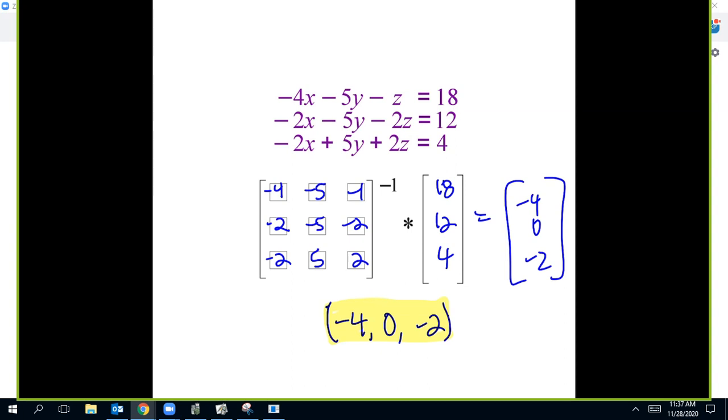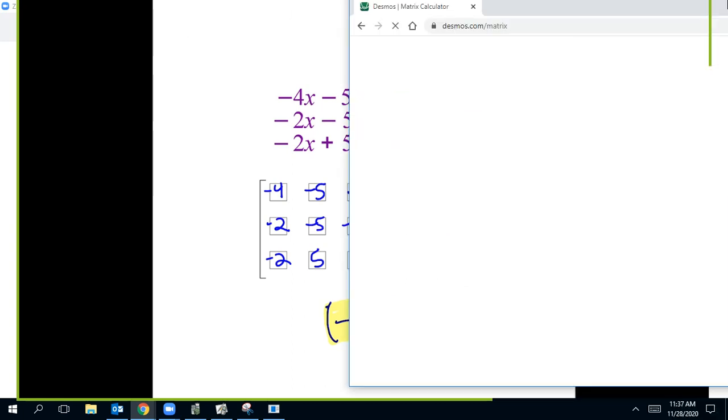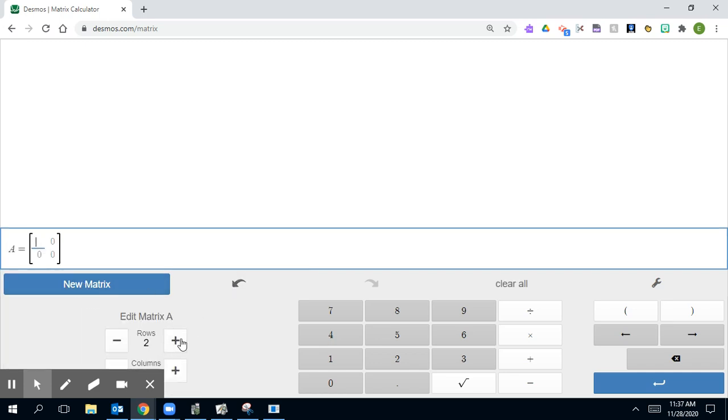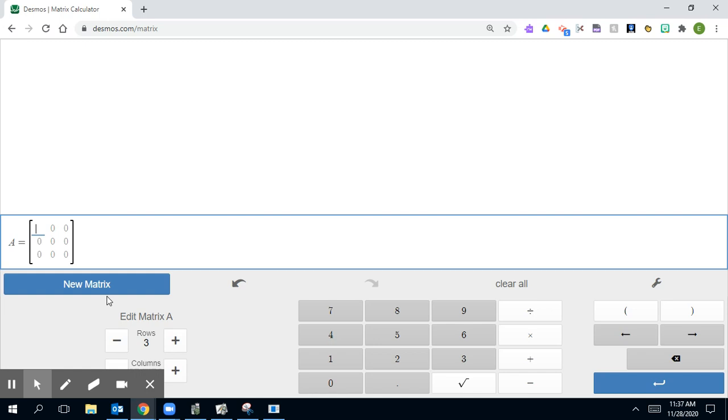So remember, you go to desmos.com/matrix, and then you can type a new matrix. We want it to be a 3x3. Matrix A is -4, -5, -1. We have -2, -5, -2, and -2, 5, 2. Do another new matrix.